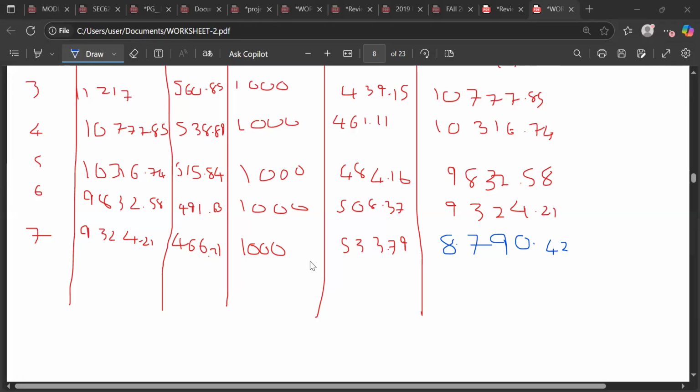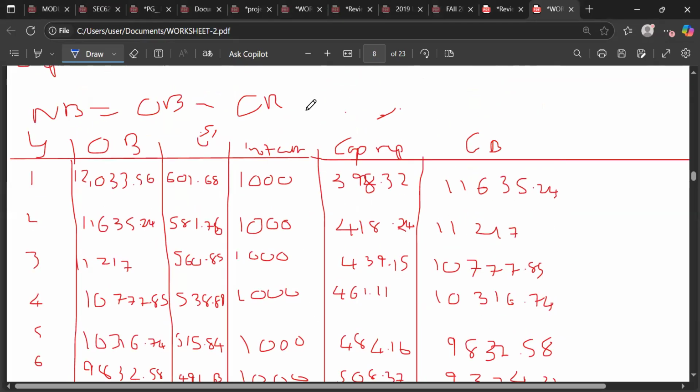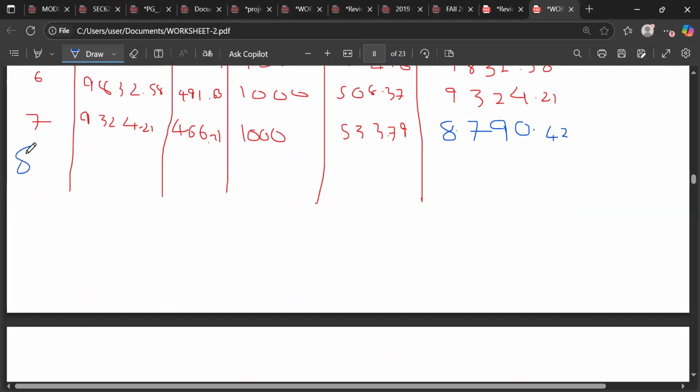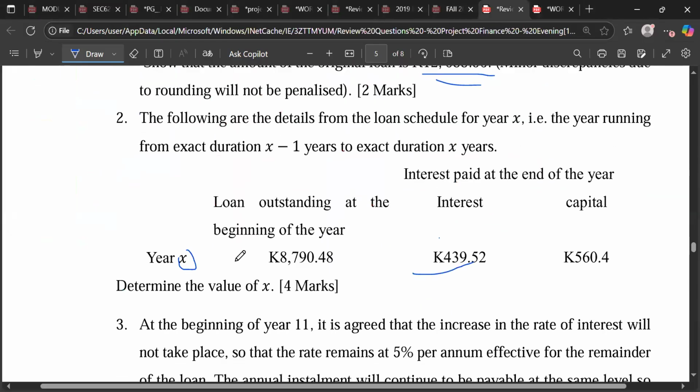The only reason it's like this is because of changes in interest. So for it to be like this, in year 8 we're going to have 8,790.42 given as our principal amount here. So the value of X here is 8. Are we okay?